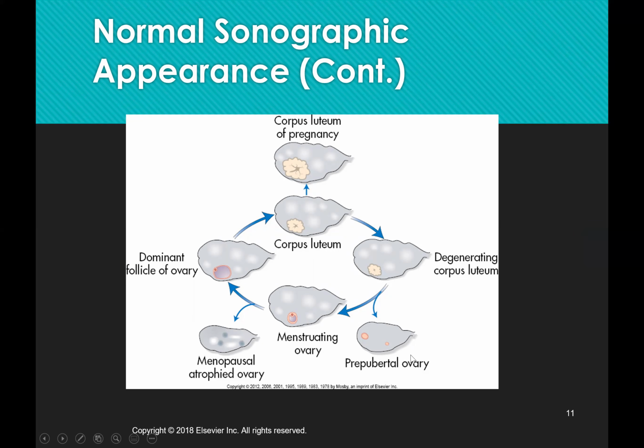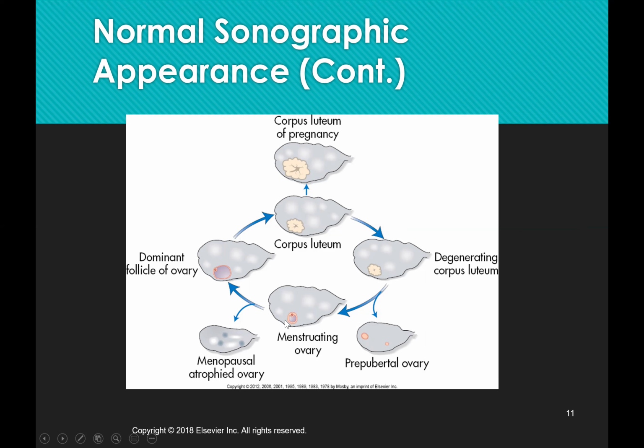Prepubertal, before they have gone through puberty, they're going to be smaller too, with just a couple of little follicles. So for the menstruating ovary, let's start there. You can see right here there was just a little follicle. This is when a patient is on their period, their menstrual phase, day 1 to 5.